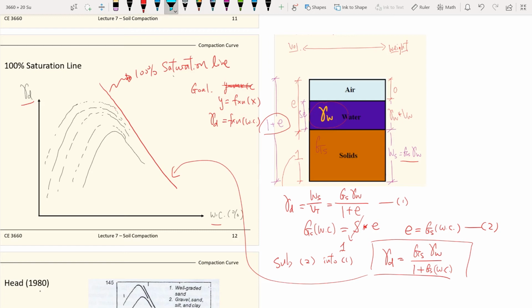It achieves what we want because this is our y and this is our x, so the dry unit weight is a function of the water content. G sub S is a constant, and the unit weight of water is a constant, 62.4 pounds per cubic foot. G sub S, the specific gravity, is a soil property, so different types of soil you're compacting will have a different G sub S.